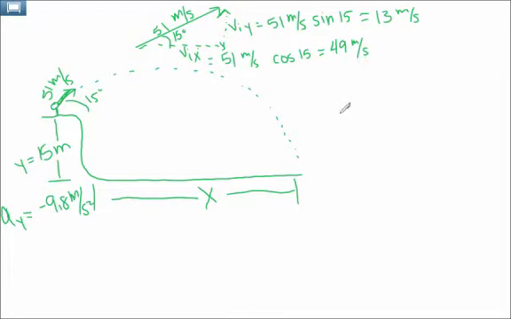So now what should we do? I think it's easier if we split this into two different motions. Split it right at the top, because we're finding time, right? That's what we need. I would split this into two motions.